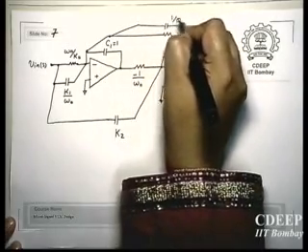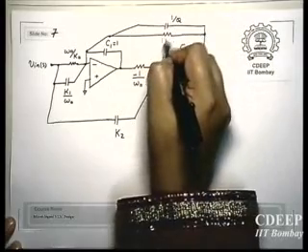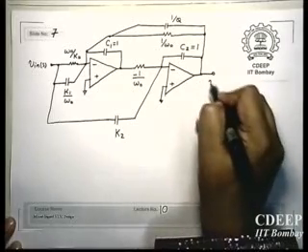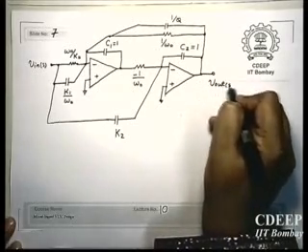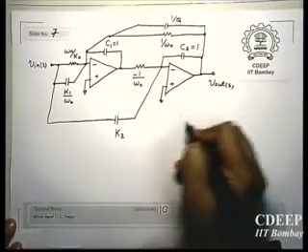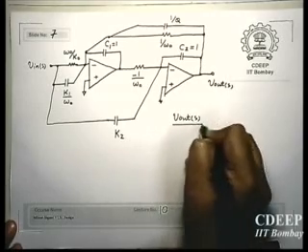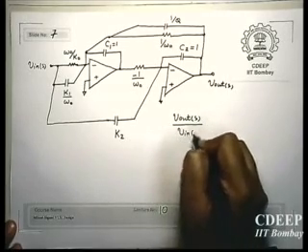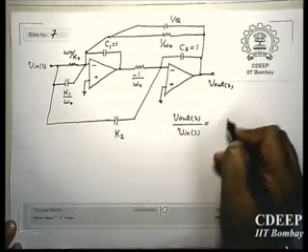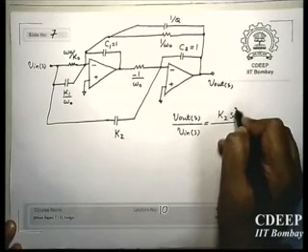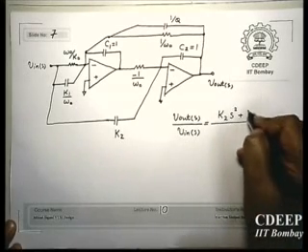Capacitor is 1 upon Q and resistor is 1 upon omega 0. And the transfer function is this.